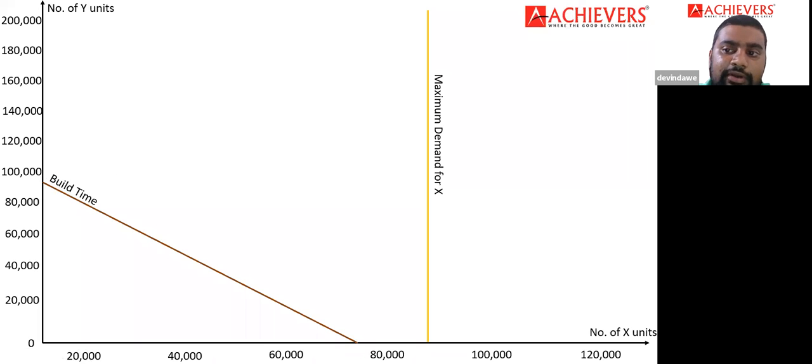Now what I want you all to do is to take a few minutes and draw the rest of the coordinates. First, in your graph, take down this demand for x and build time. This is how you draw it. And I want you to complete and draw the constraint lines for demand for y, program time and test time.